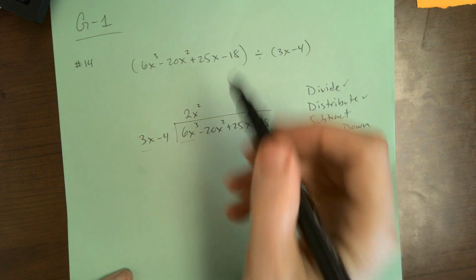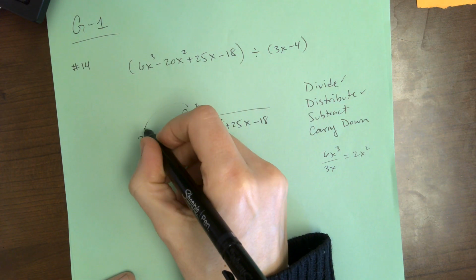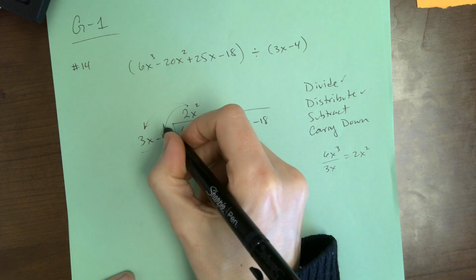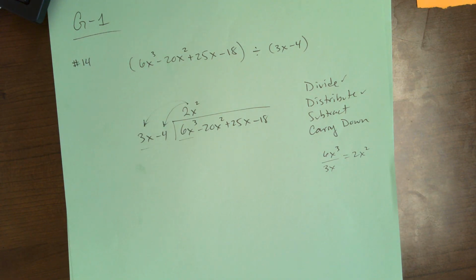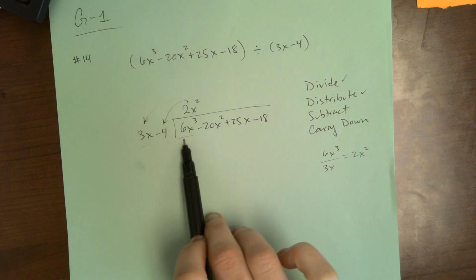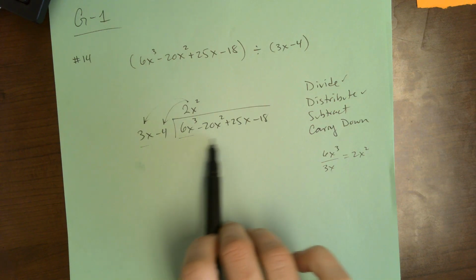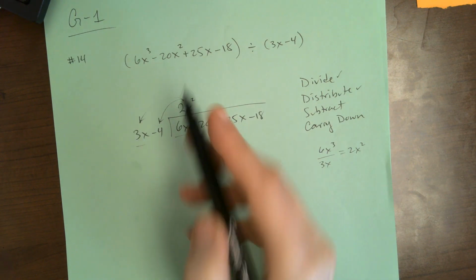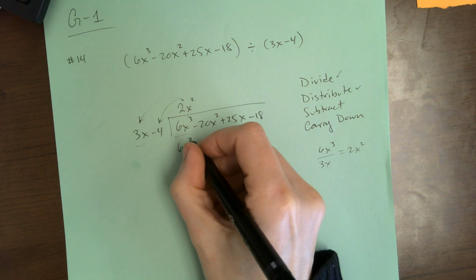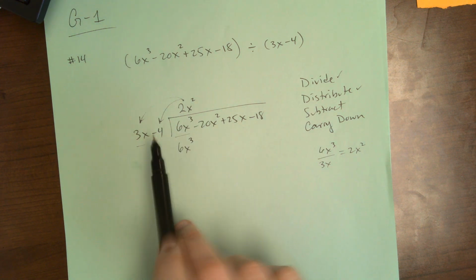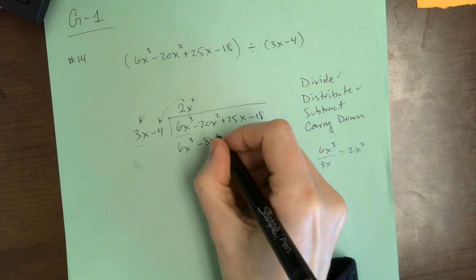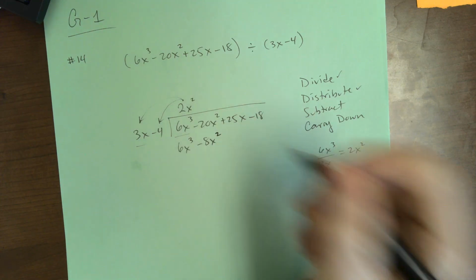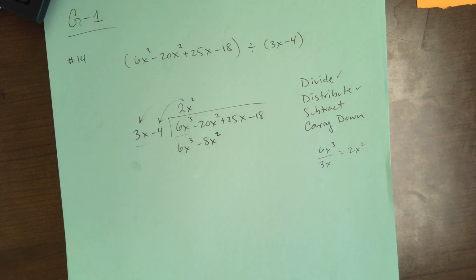The distribute part, this gets multiplied, distributed back out to both of those terms, and then I write the result of the distribution below. So this times that, 6x cubed. This times this, minus 8x squared. All right, guys, and now we subtract this whole thing.